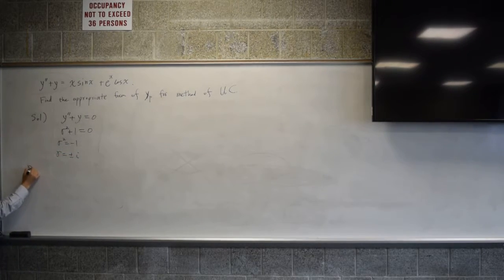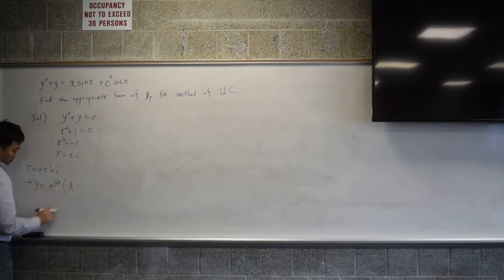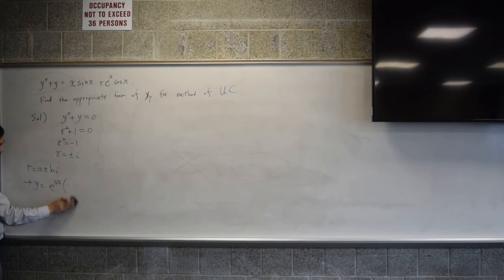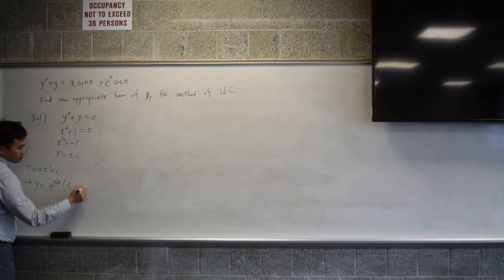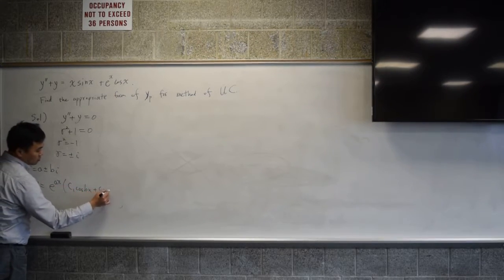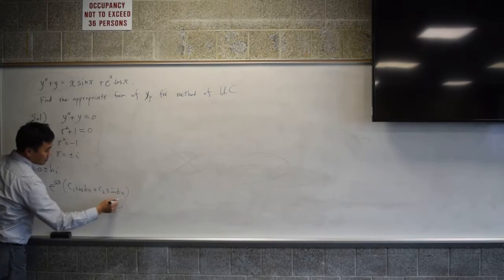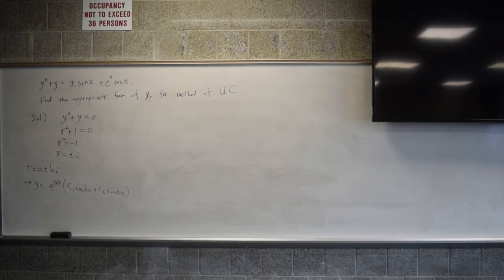And remember, if r is a plus minus bi, in that case, your solution should be e to the ax, times c1 cosine bx plus c2 sine bx, right? That's the general solution if your characteristic equation becomes a complex number.